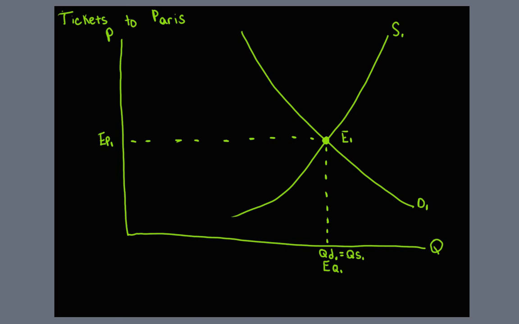And at the same time, however, the operating cost of flights increases, so that supply is reduced. It becomes more expensive because of the bad weather. It becomes more expensive to send flights to Paris. And so supply is reduced a bit.